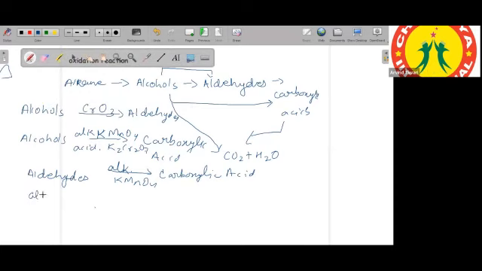You can either have alcohols or aldehydes or carboxylic acids, and they can be burnt in presence of oxygen to give us carbon dioxide and water. All of them can be burnt in presence of oxygen to produce carbon dioxide and water. So I hope all of you have understood the oxidation reactions.